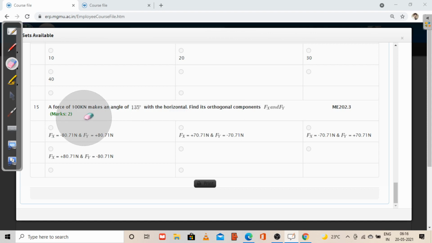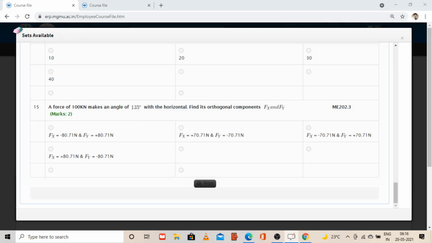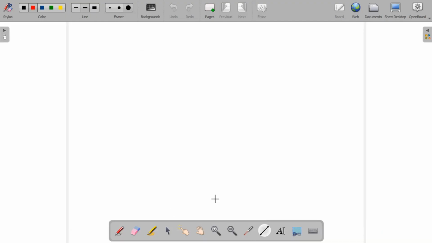A force of 100 kilonewton makes an angle of 135 degree. First let us draw the xy axis. Okay, this is the xy axis.